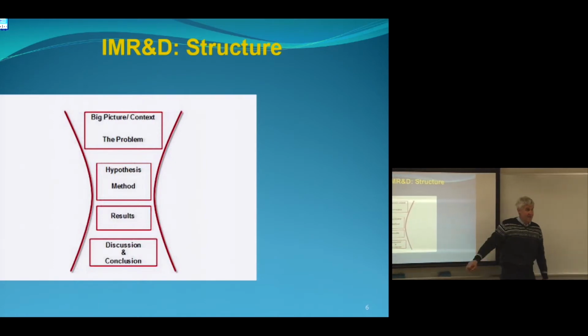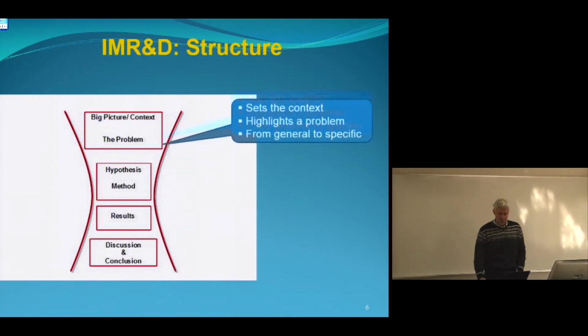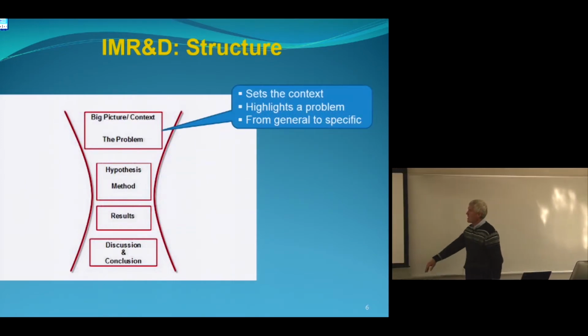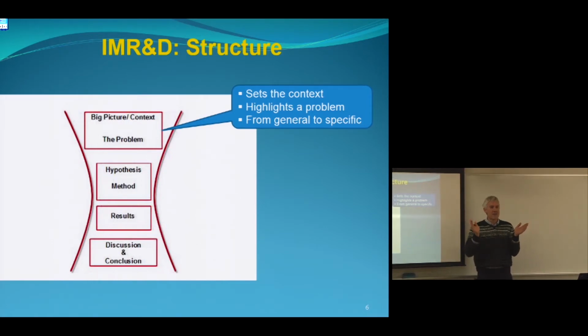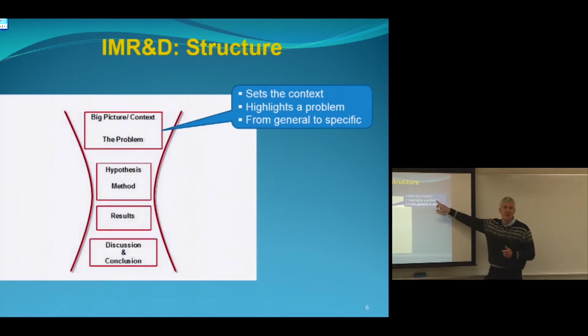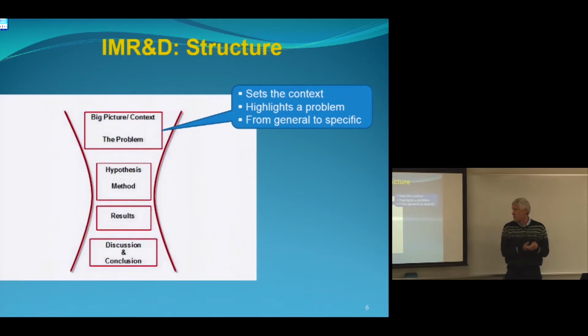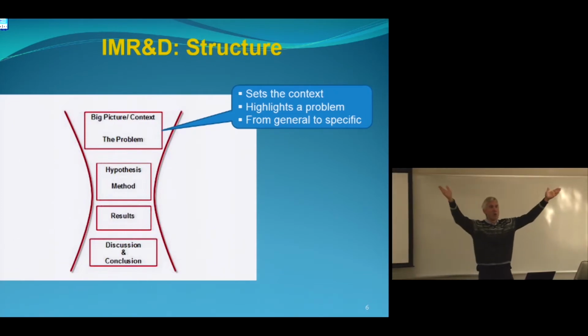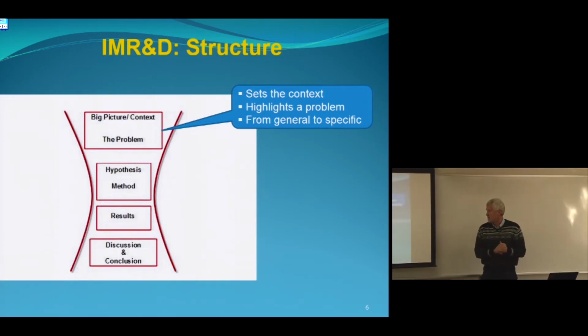So in your talk, or in your abstract, what you're trying to do at the very start is set the context. Why is this research being done? Why is it important that this research was done? And highlighting the current problem that the research is trying to address. And so it goes from this broad, general topic down to the specifics of what that particular research paper is about.